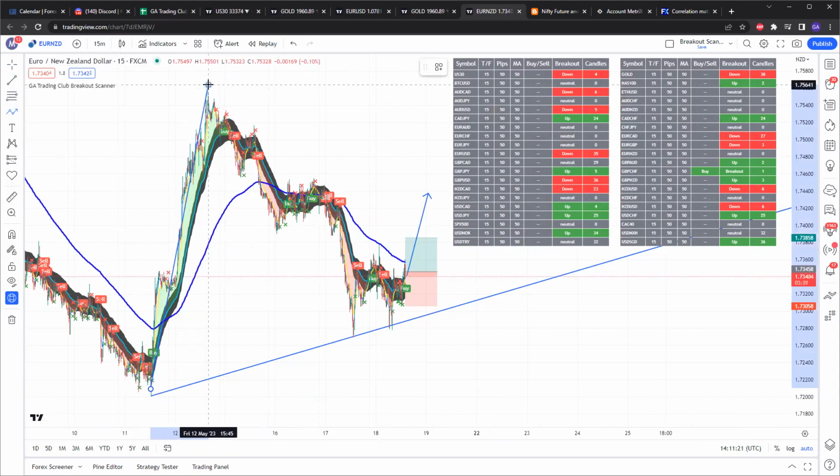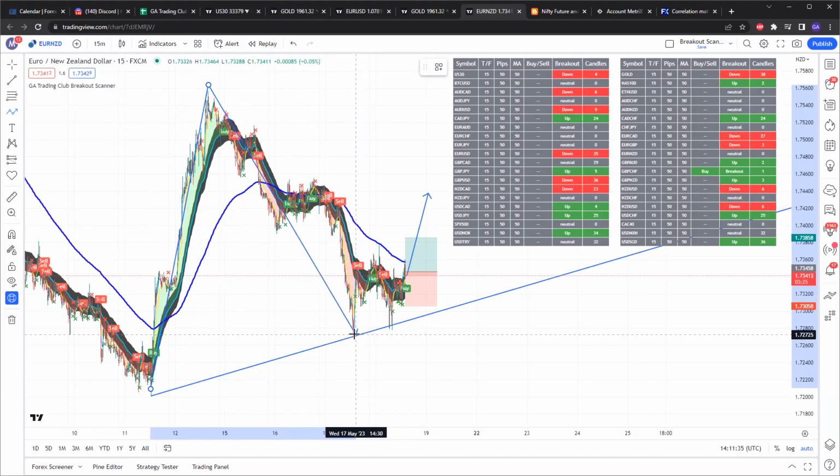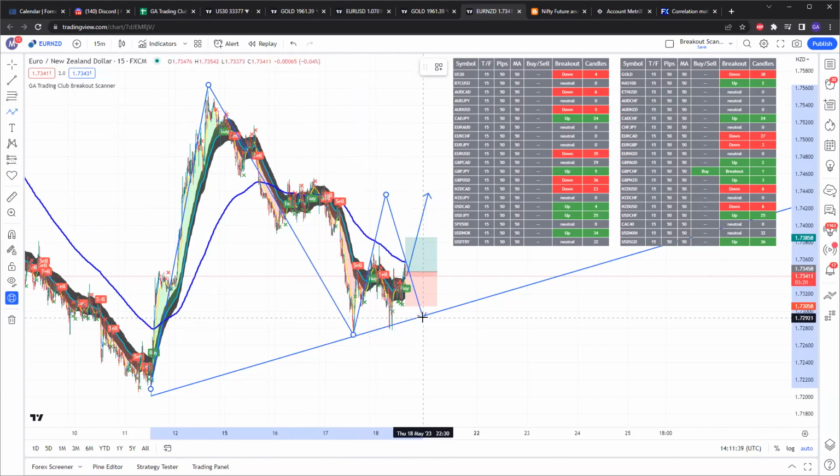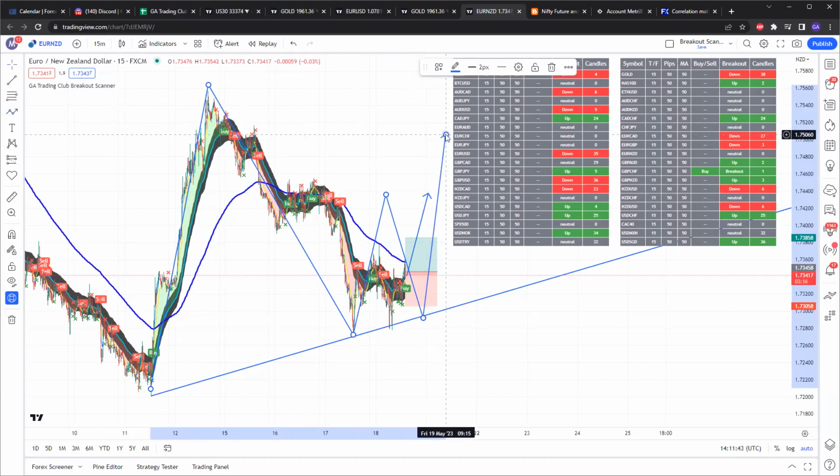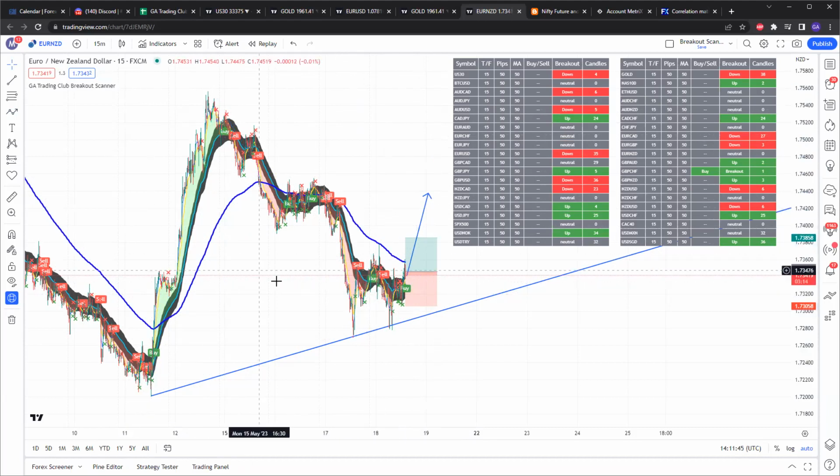So for me, yes, this was structure that was possibly going to be completed to the downside here. But if price already retraced about 80 to 90% of the structure, taking sells down here is sort of risky, because if a high low is established here, which I'm pretty sure this is, price can then start trending up and you end up getting faked out in any sells that you could have taken here.